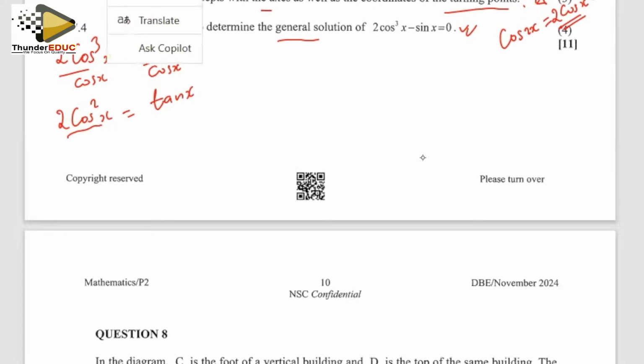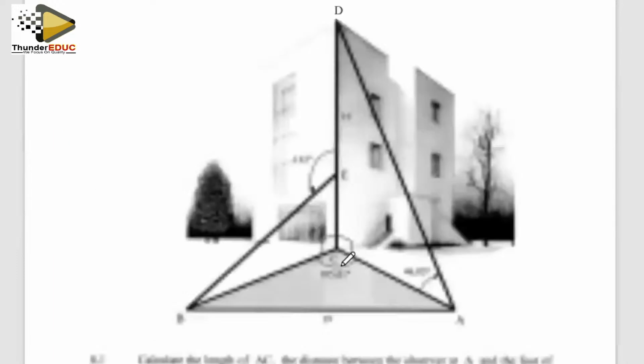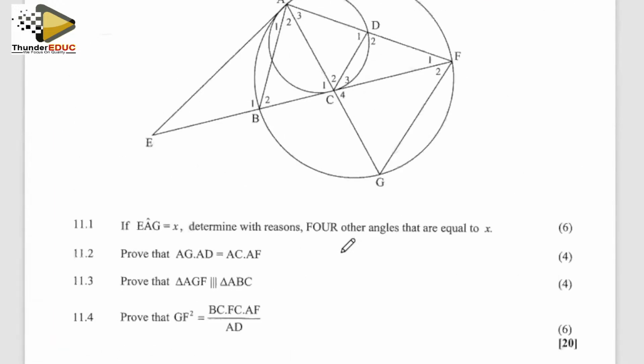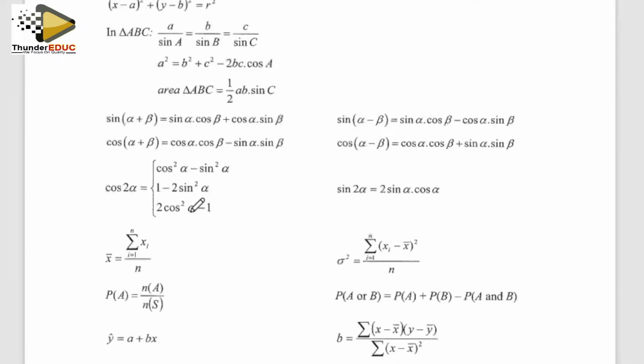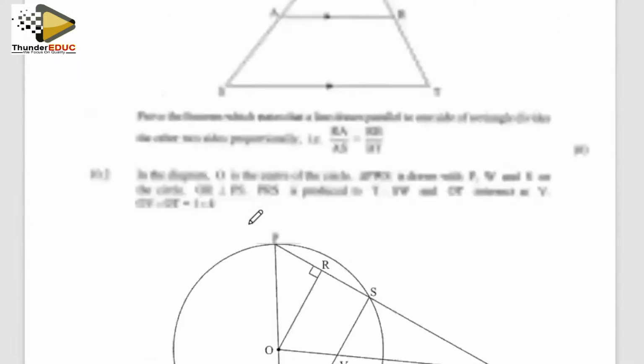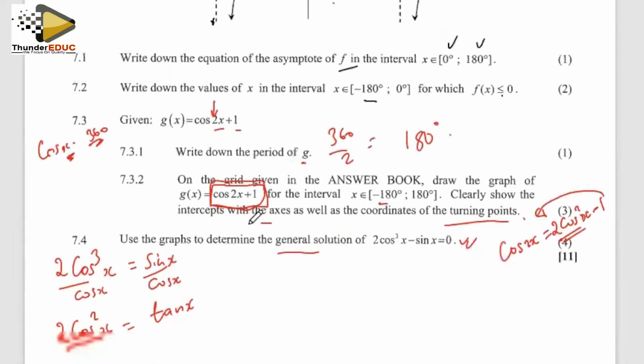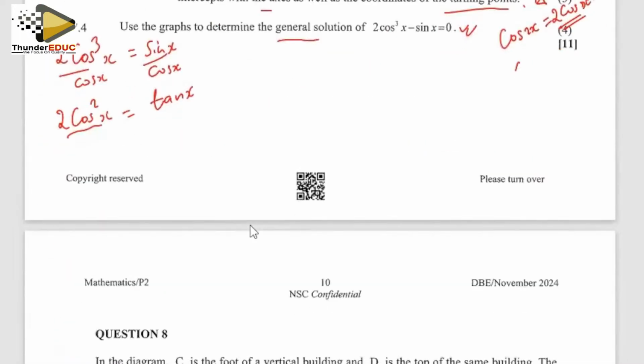I think I made a mistake earlier; this is supposed to be minus 1. We can confirm that: 2 cos squared x minus 1. Perfect. Then if we move the 1 to that side, it gives us cos 2x plus 1 is equal to 2 cos squared x. So I'm replacing this whole thing by cos 2x plus 1 is equal to the tan of x.